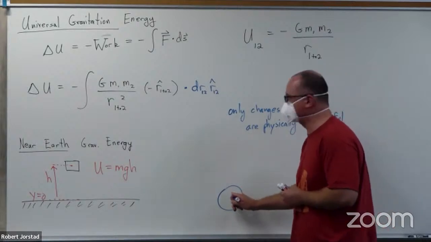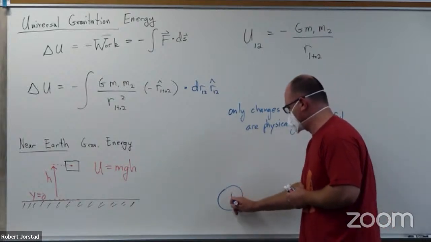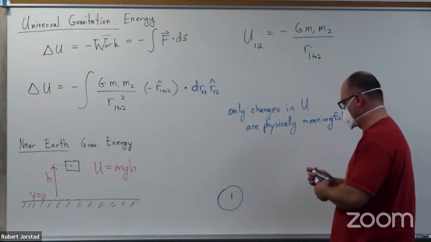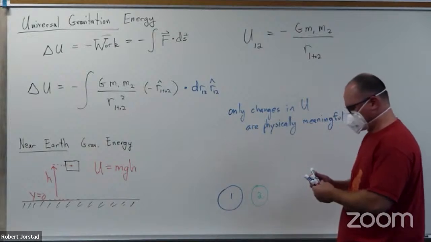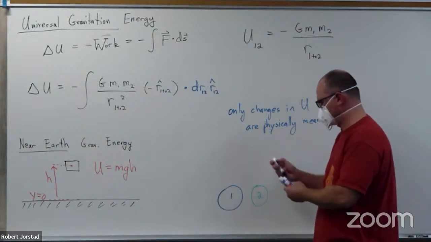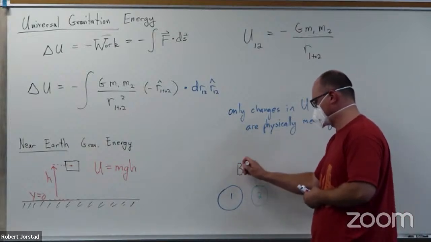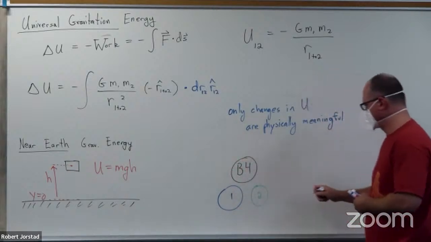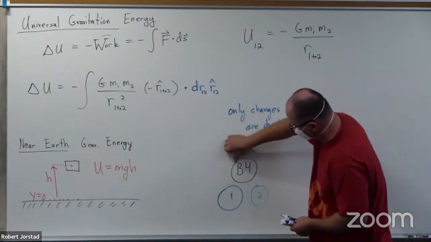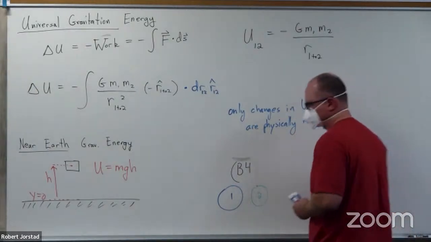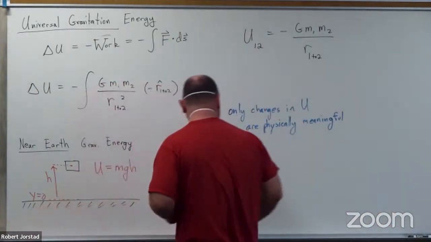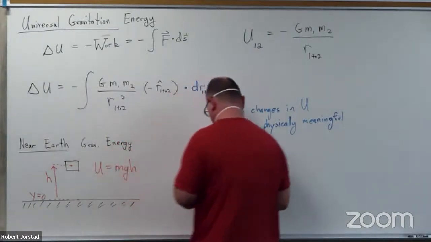Let's say this is object 1, and we have object 2. And let's just say this is the initial state, so we'll call that B4. And then let me make this a rectangle so you don't think that's a mass labeled B4.